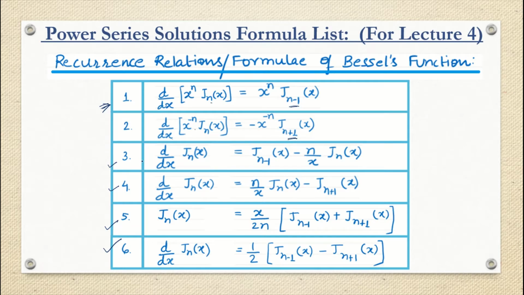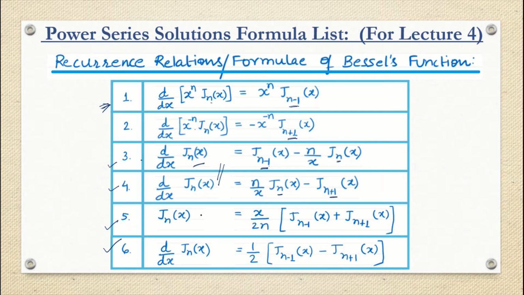In the third recurrence relation, we find the relation between Bessel functions of order n minus 1 and order n. And in the fourth recurrence relation, this is the derivative of the nth order Bessel function, and we see the answer in terms of the same order and the next order.